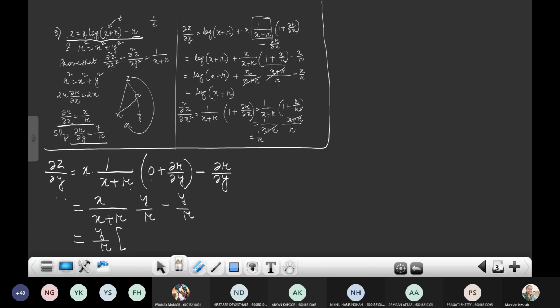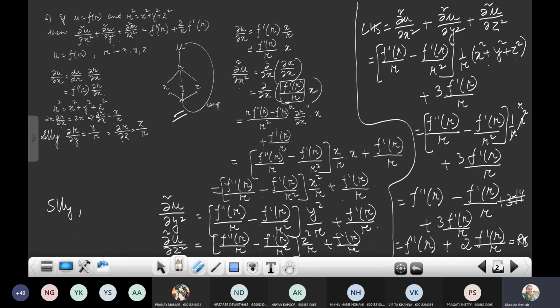Ma'am, so we can't write del z del y in a similar way to del z del x because that x factor is there, no? Yes, yes. That's why here you can see z is not symmetric. Whereas in the previous case, u is f of r लिखा है, वहाँ पे x, y, z कुछ भी नहीं है, तो u equal to f of r था, और यहाँ पे भी r square is this. तो यहाँ पे हम लिख सकते हैं, क्योंकि जो भी हम x से डिफरेंशिएट करेंगे, वही हम y से और z से भी हमें सेम आंसर मिलेगा.